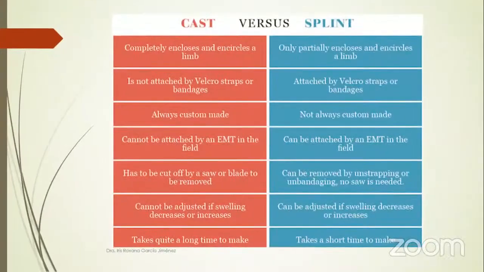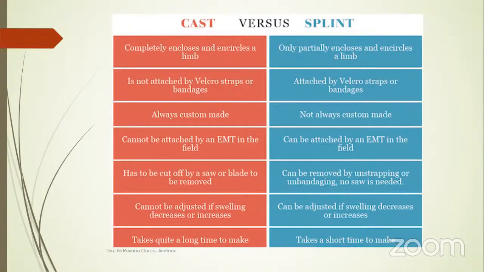Now I have this chart again just for information, for catching vocabulary, where we see the difference between a cast and a splint. A cast, of course, we all have the experience, I think, during medical school, the college, to place a cast on a patient, and of course, to place a splint.